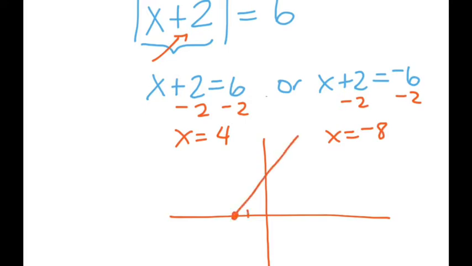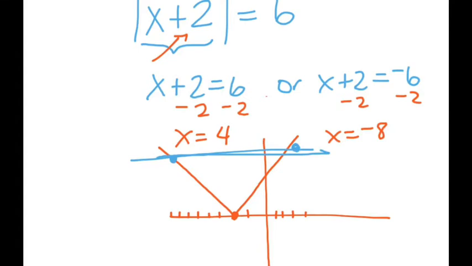And then we're going to have this coming up like this. This means that when x is positive 4 and when x is negative 8, sorry, it's not exactly to scale. That's when our absolute value is equal to 6. And so that's what that's saying.